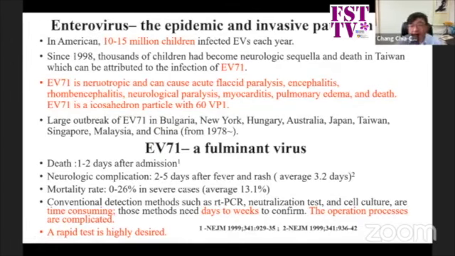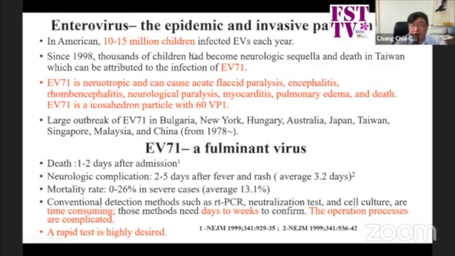Why do we detect the enterovirus? First of all, the enterovirus is an epidemic and invasive pathogen, and it may cause a lot of children to be infected.